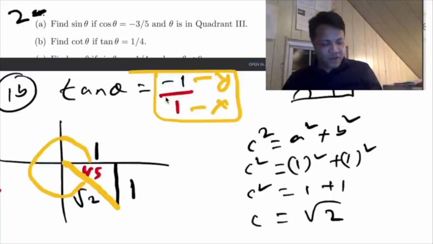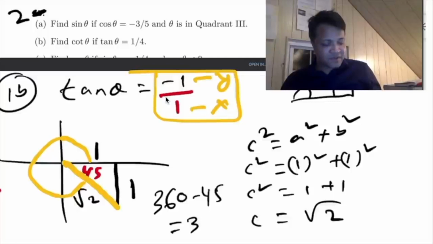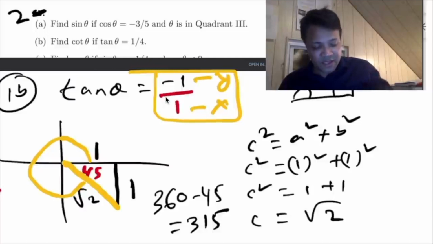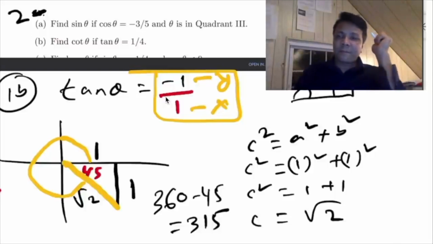There is another way of doing this: the whole thing is 360 minus 45. So we found the angle. The angle is 315 degrees.